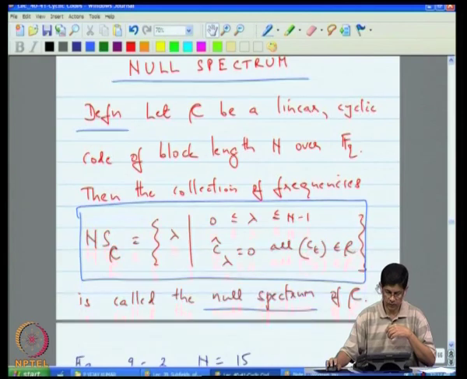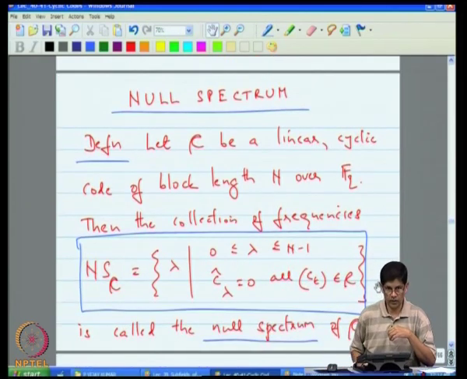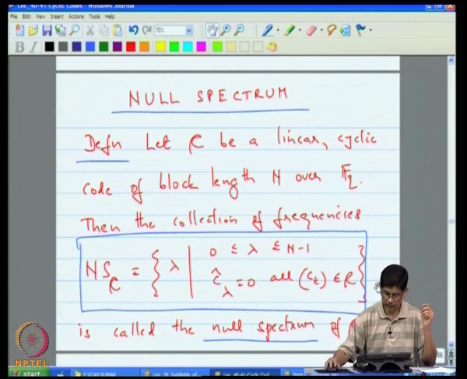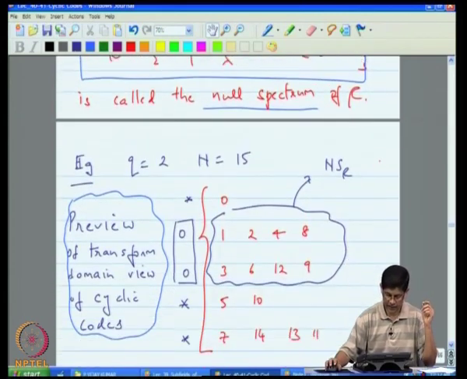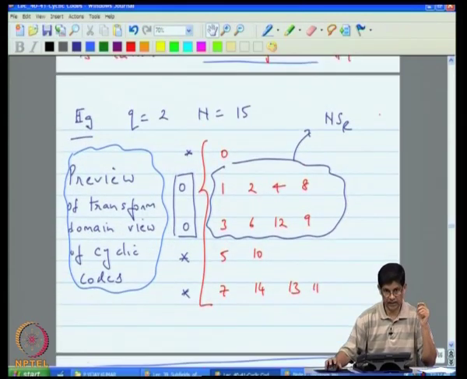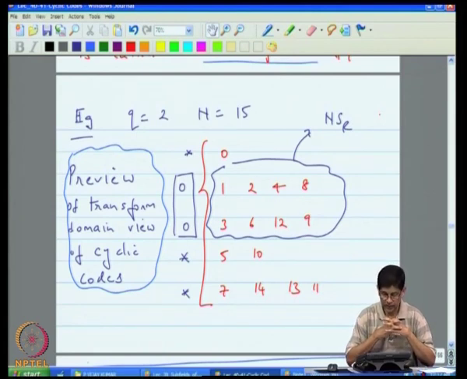Then we introduced the notion of the null spectrum of a code. The null spectrum of a code is that collection of frequencies at which every code word has transform value equal to 0. And I gave you an example here and said that actually this is the general picture of cyclic codes. That is, given a cyclic code, given an alphabet size q, given an n, you find a field that contains a primitive element alpha.